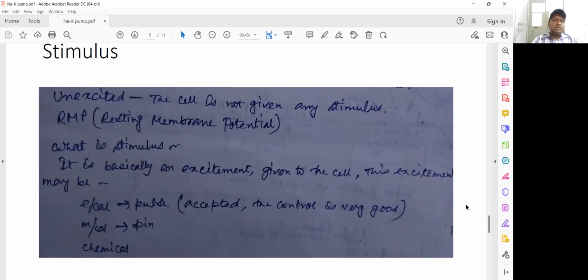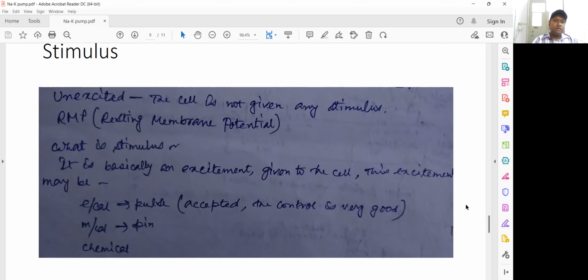In the unexcited condition, the cell is not given any stimulus and it maintains the resting membrane potential, with an inside to outside voltage of 90 millivolt.